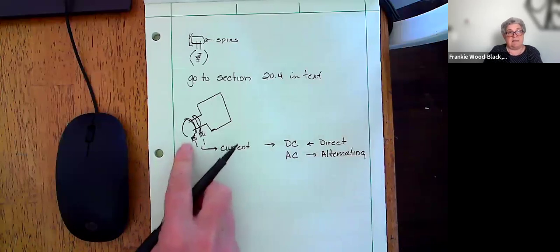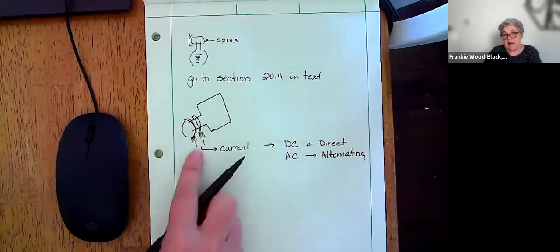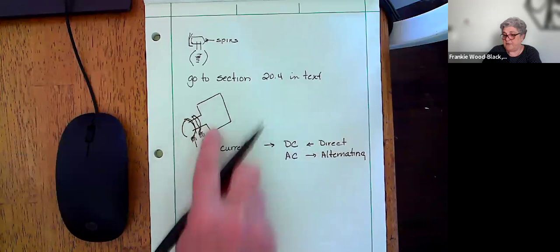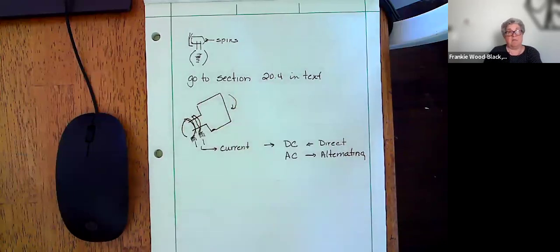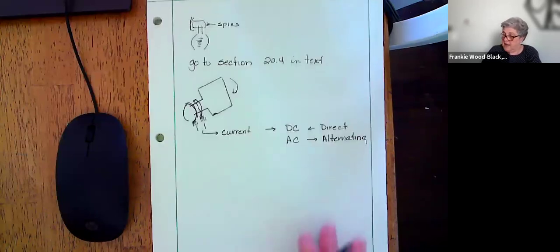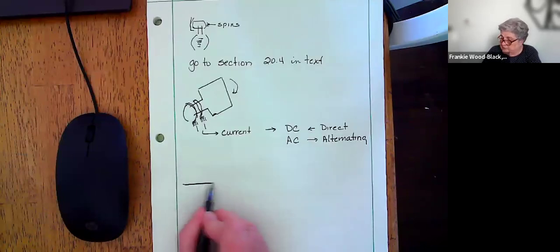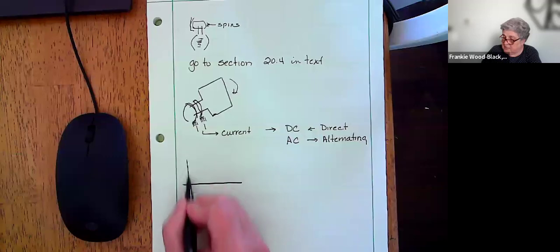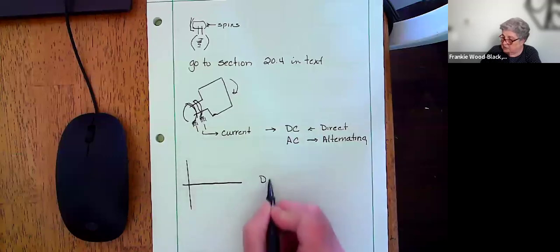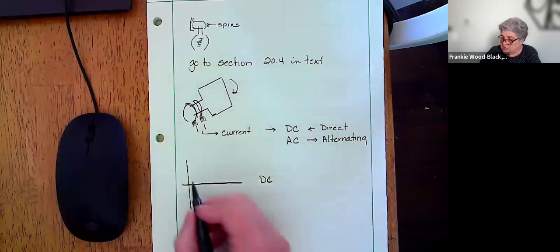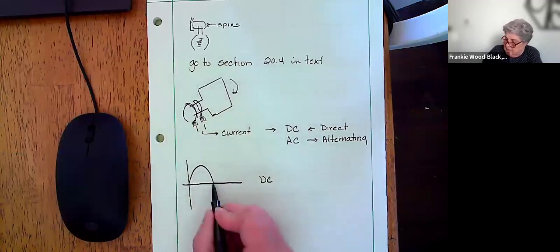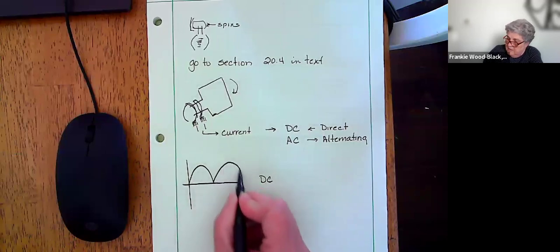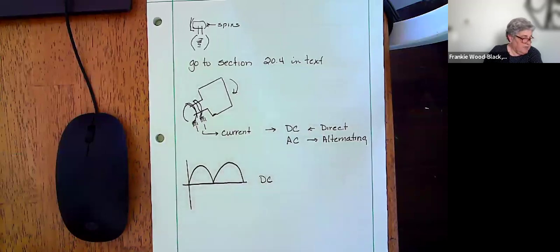And that's basically how you're picking up the electrons off of this wire as the wire is spinning in my magnetic field. Now, if I look at DC current, the way DC current looks as I'm using this generator, it's going to look like this. All right, we get a DC current that looks like that.